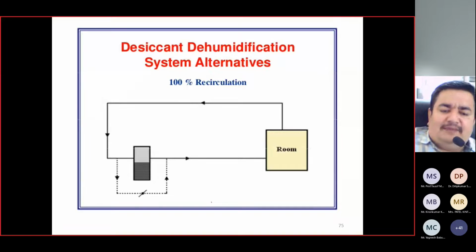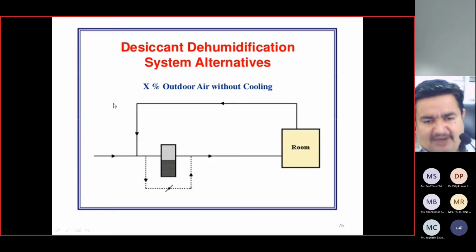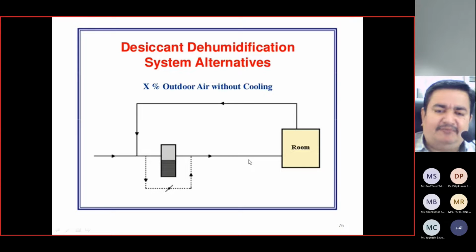Some of the air may be bypassed, as it does not require that much dehumidification to control it within the specified range. In some cases, you might use some mixing, where some outdoor air and some recirculated air get mixed and supplied to the dehumidifier.